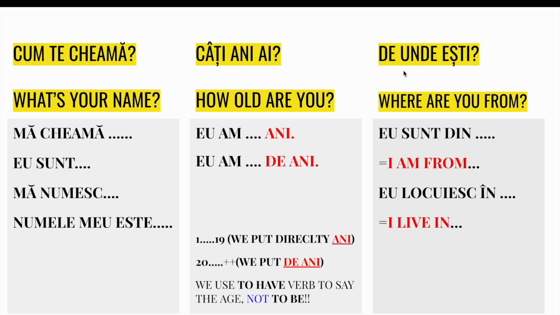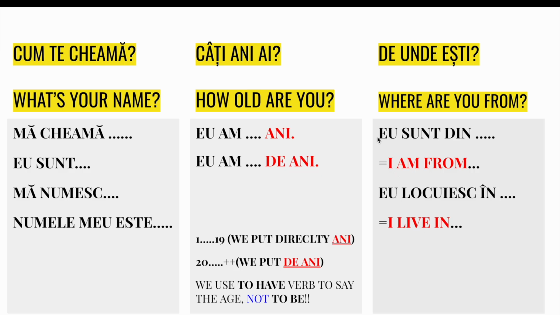And the next question is "de unde ești?" This means where are you from? And you can answer that you are from somewhere, or you can answer that you live in somewhere.